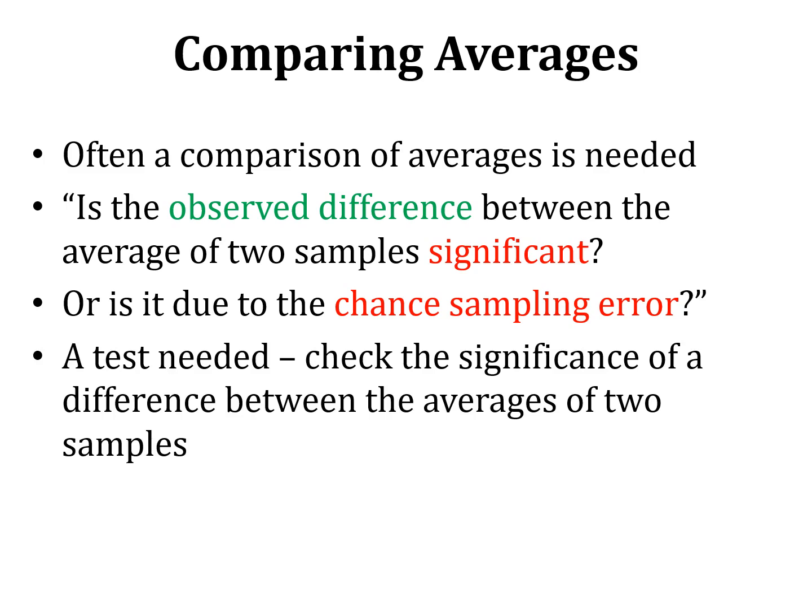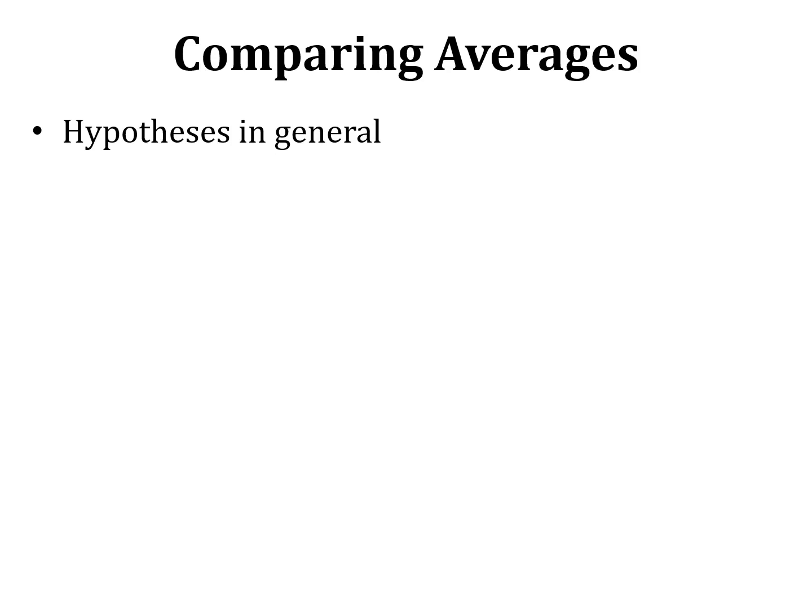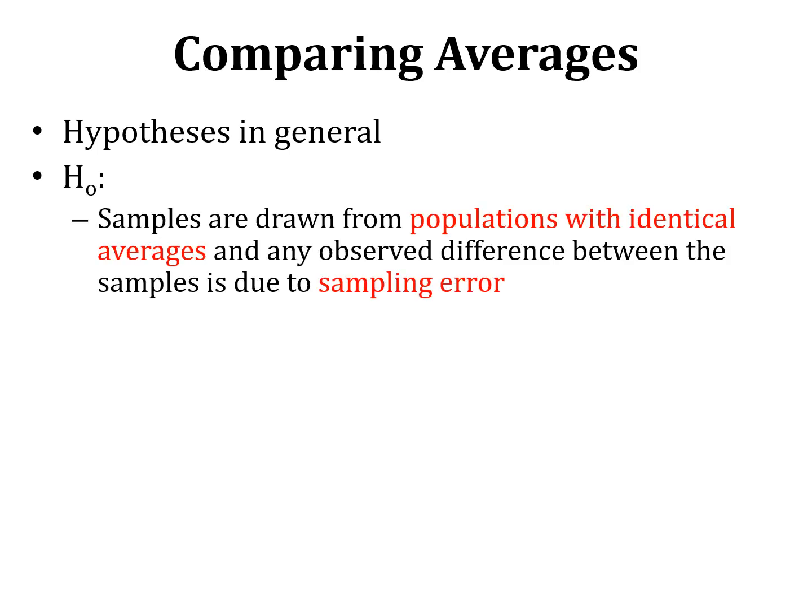For that purpose, to answer this question, a test is needed to check the significance of a difference between the averages of two samples. And because we're talking about a statistical test, we have to put down the hypotheses. The general null hypothesis for the comparison of averages is that samples are drawn from populations with identical averages, and any observed difference between the samples is due to sampling error.